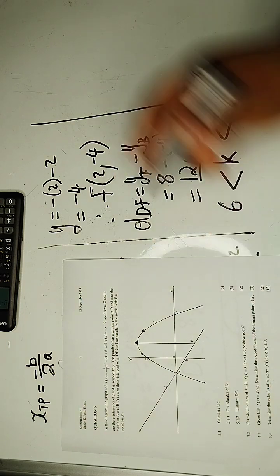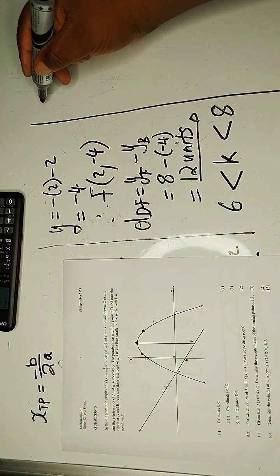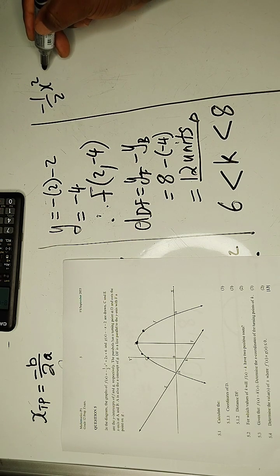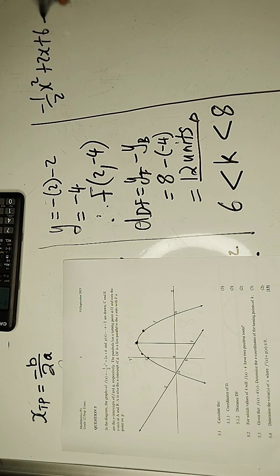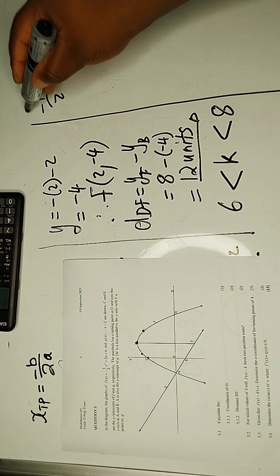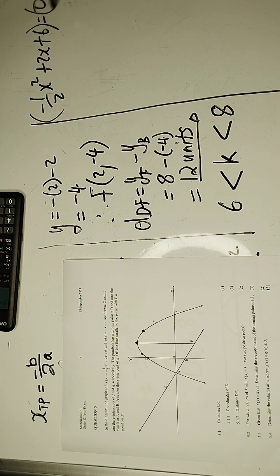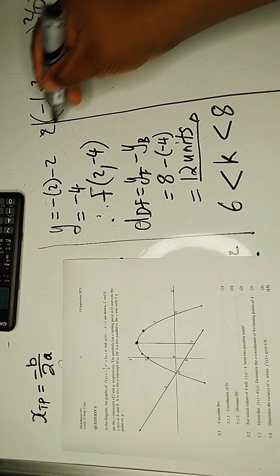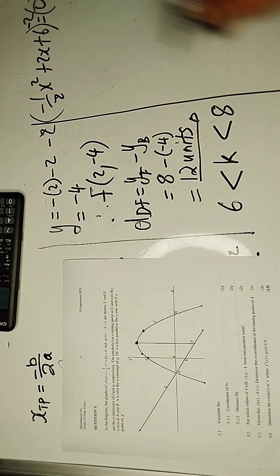Okay, come with me. So they are saying to me, negative 1 over 2 x squared plus 2x plus 6 should be equal to 0. Then solve for x. First of all, I will multiply everything by negative 2 so that we simplify things.